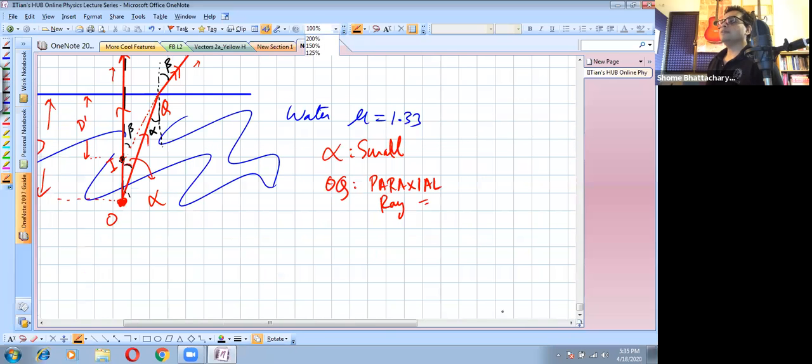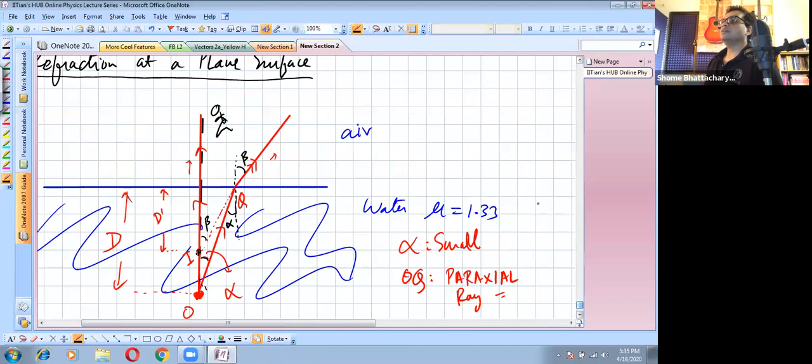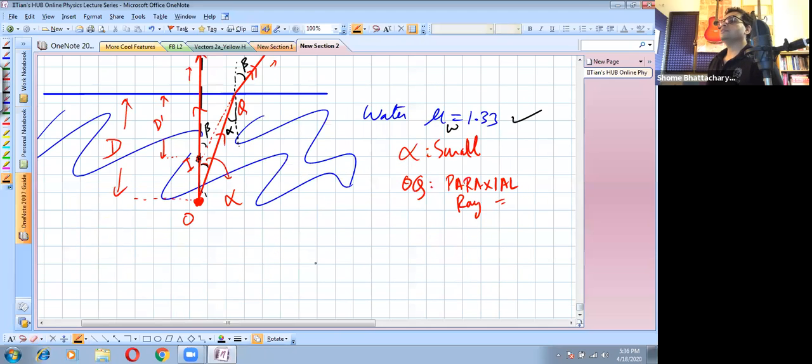So zooming out of the diagram again, I will apply Snell's law. Remember, we are going from water, which has refractive index mu, to air, which has refractive index equal to 1. So what is my Snell's law telling me? That mu1, the refractive index of water, times sine theta 1, which is nothing but sine alpha in this case, is equal to mu of the other medium, which is air, times sine theta 2, which is beta.